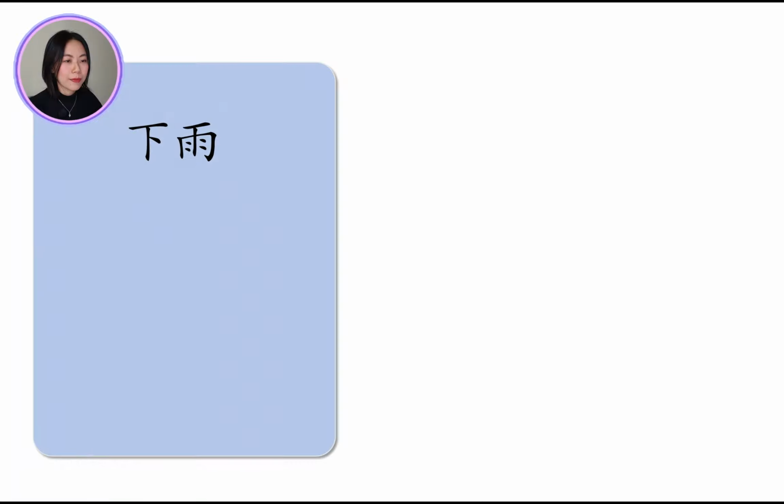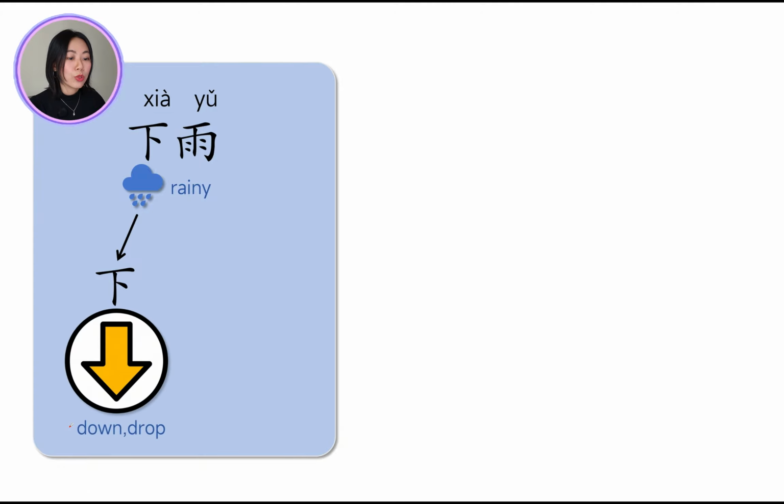下雨 means rainy. The 下 it's a very interesting word because it looked like an arrow pointing down. So it's easy to guess that 下 the meaning is to drop or down. As for the 雨, it's also interesting.